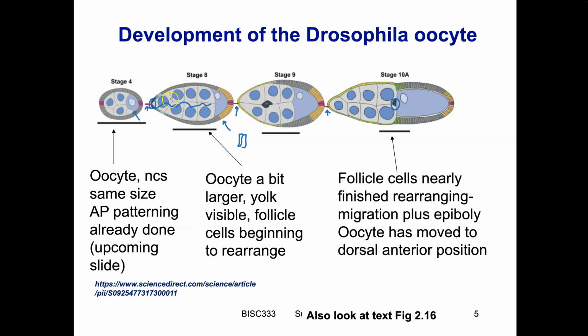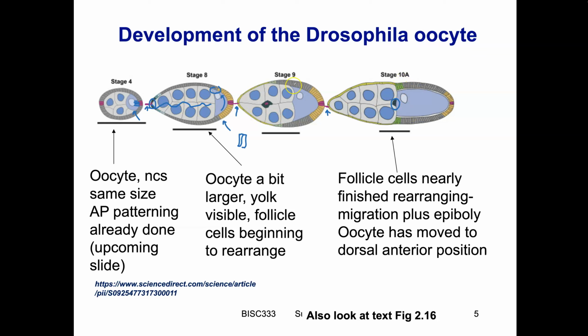At the beginning of this process, the oocyte is kind of glued to the posterior pole by cadherins, cell cytoskeletal proteins. That helps with anterior-posterior specification, but then there are microtubule and other rearrangements that lead to the nucleus migrating up into what we would call the dorsal anterior corner, and then additional dorsal-ventral specification happens here.